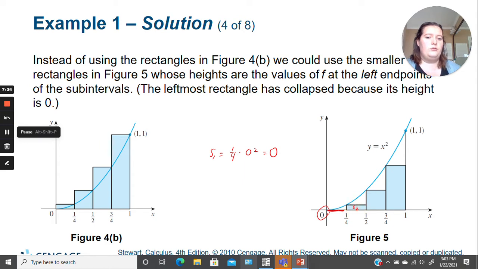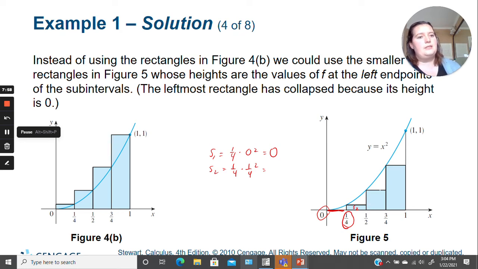For S2, the width of that rectangle is still 1/4, but now the height is given by whatever was on the left, plugging that into the function. So 1/4 times 1/4 squared, whatever that is, we'll figure out in the next window. And you would keep doing this, right? Each one is going to be 1/4 times whatever the left value is squared, because that was the function.